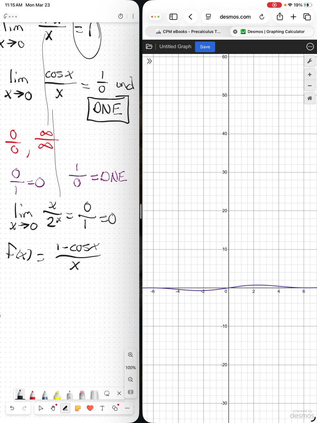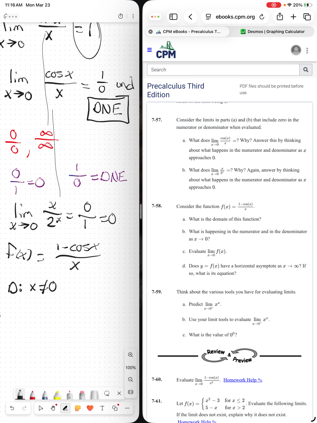All real numbers, but we also know x cannot be 0, since it's in the denominator. So our domain is all real numbers except x equals 0. What is happening to the numerator and denominator as x approaches 0? They're both approaching 0.